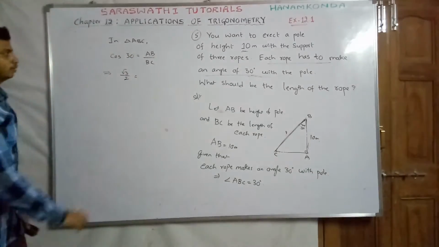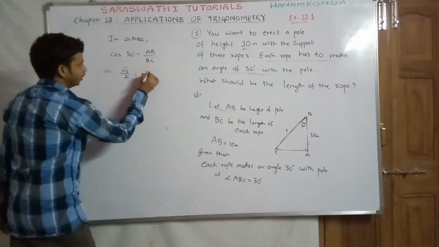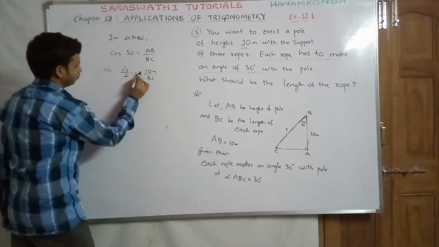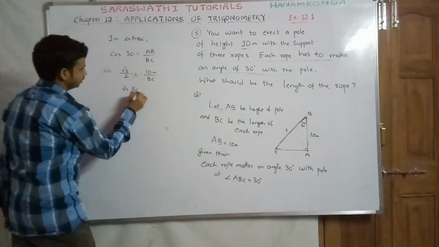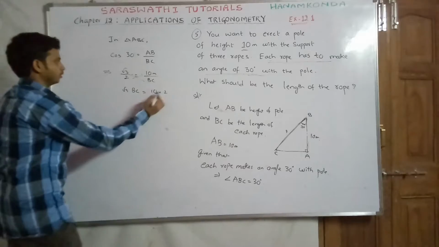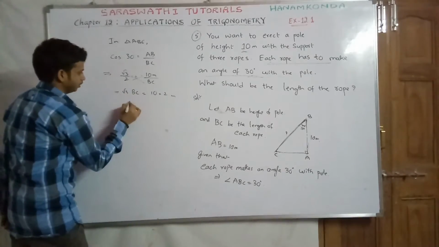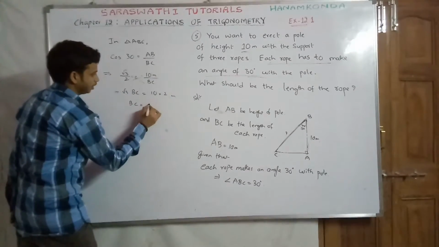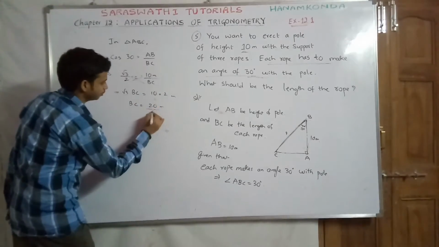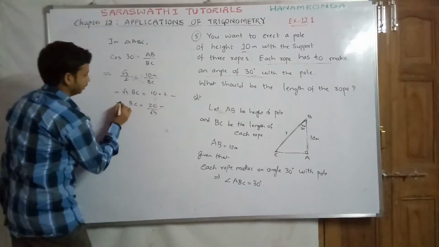So root 3 by 2 equals AB, given as 10 meters, by BC. If we cross multiply, root 3 into BC equals 10 into 2, that is 20 meters. So BC equals 20 by root 3 meters.